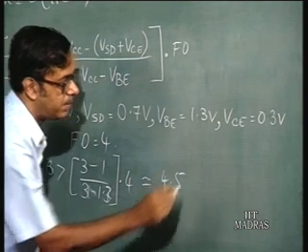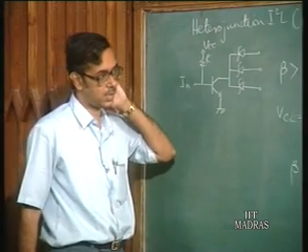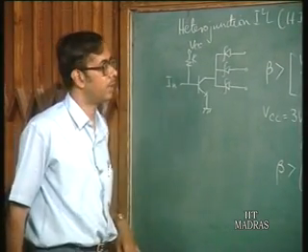So you see that only a small beta is required to ensure that the transistor actually goes to saturation. So there is no problem as such for the circuit to function properly.